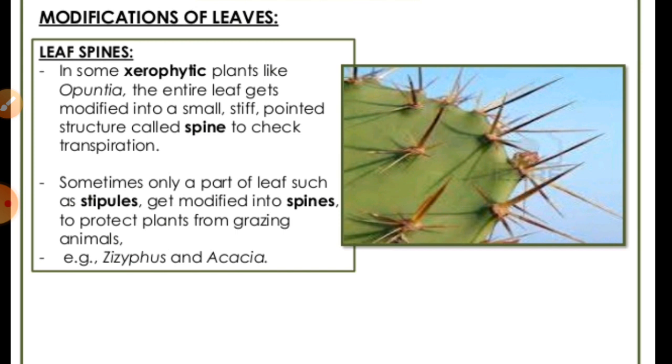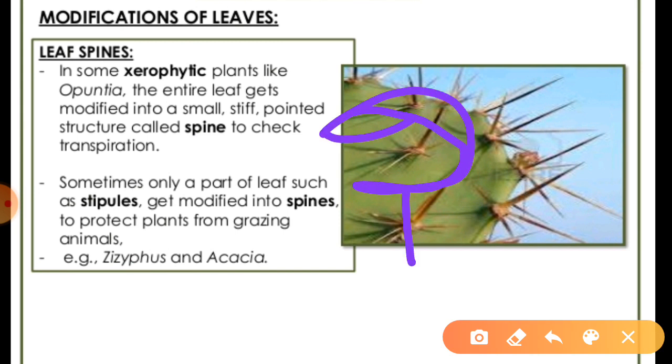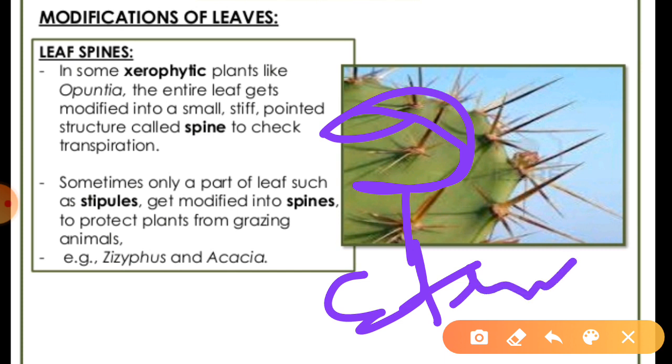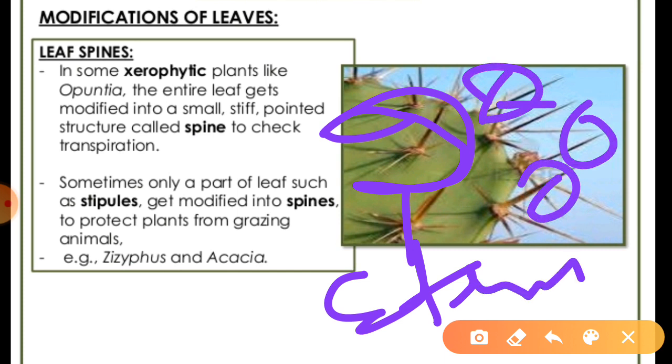Especially I think everybody has seen the opuntia, नागफनी का पौधा सबने देखा होगा. तो उस नागफनी के पौधे में आप आसानी से देख सकते हैं कि ये जो आपका ग्रीनिश कलर है, that is the stem, right. But these spiny structures are the leaves of that particular plant, right.